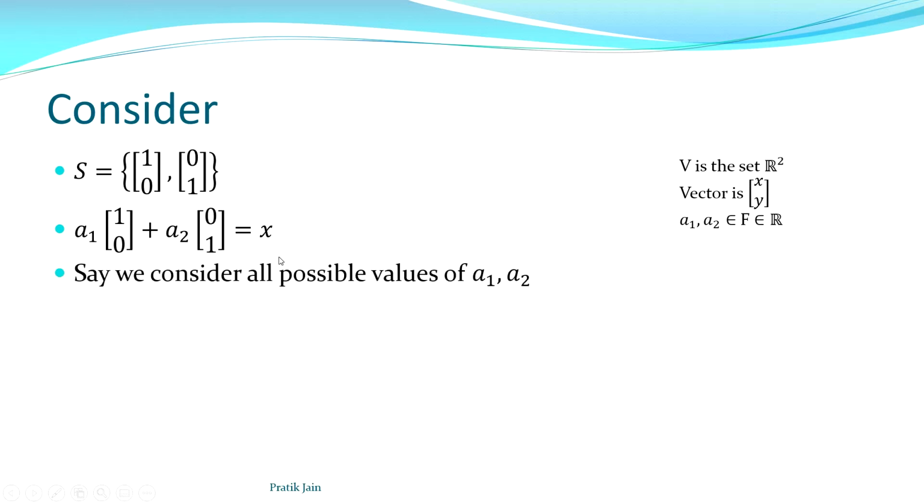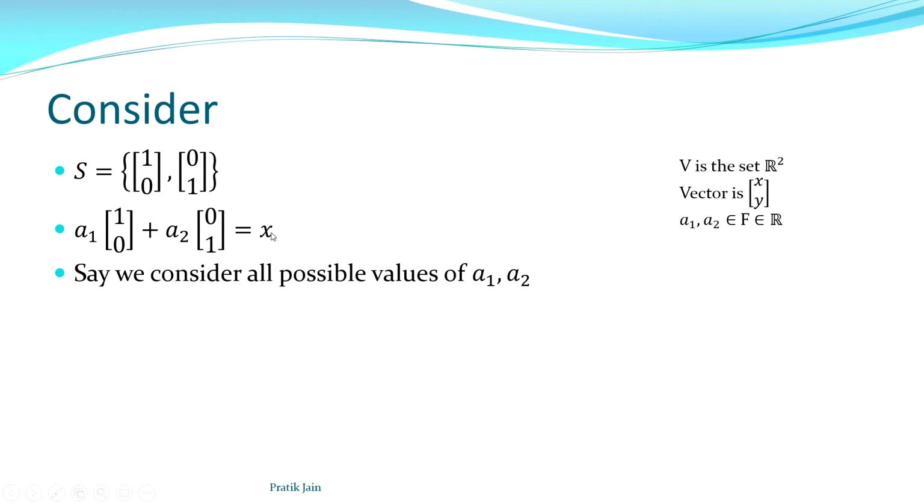Now what if I consider all possible values of a1 and a2? Here a1 and a2 belong to the real numbers, so I can go from minus infinity to plus infinity for a1 and for a2, and I'll get different values of x.